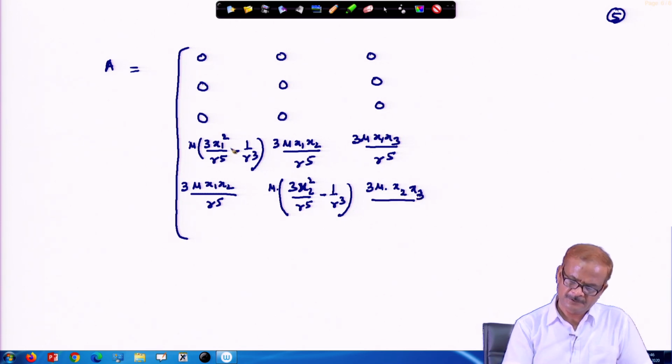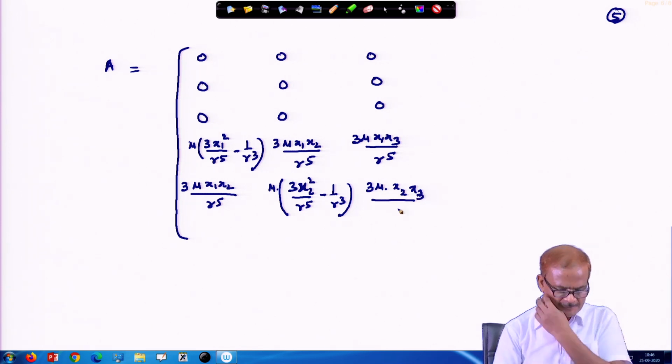You can see these are off diagonal terms, they are symmetric.